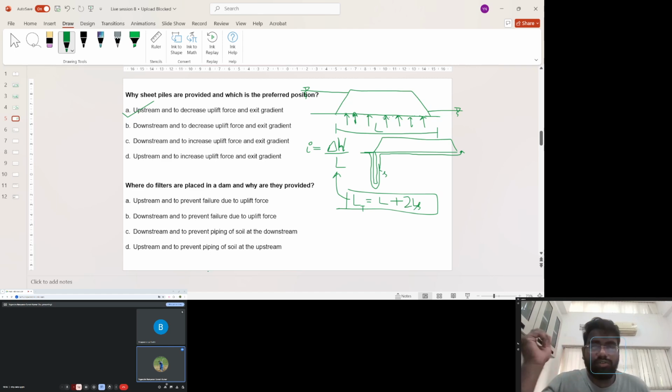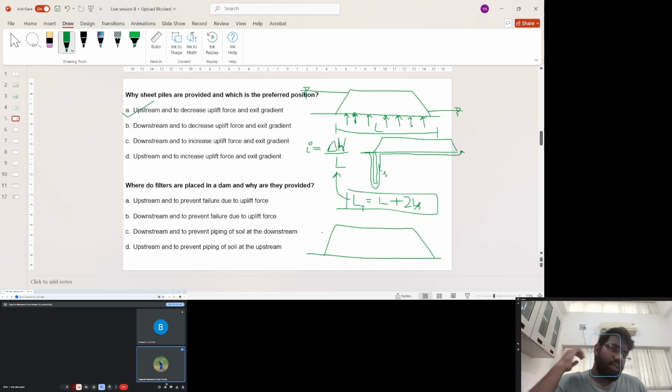So filters are placed, first, to prevent piping failure. The major reason they are provided is this: when we consider an embankment through which water can flow, if this is the upstream end and this is the downstream end, the water will flow through it.